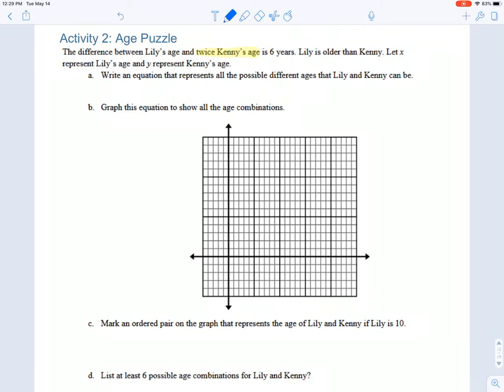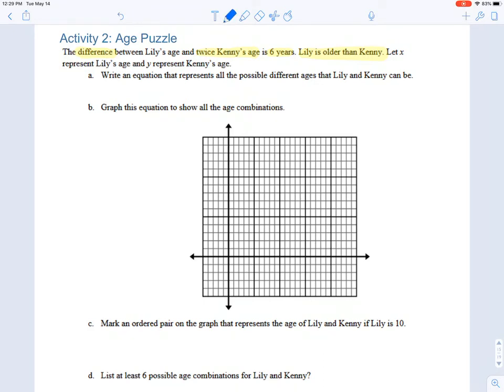All right, so here's the important piece of information. The difference between Lily's age and twice Kenny's age equals 6 years, okay? Another important piece of information is that Lily is older than Kenny. What they really mean here is Lily is older than twice Kenny's age.